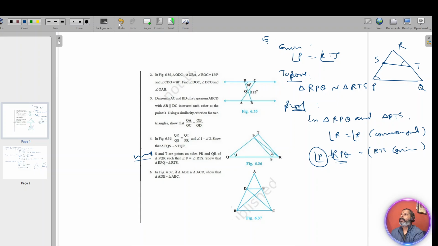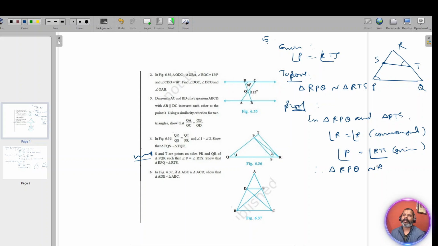Please remember, while writing an angle, you should know when to write three letters, when to write one letter. When there is a confusion, I cannot write just a T angle because T may be RTS or STQ, right? So that's the reason I wrote RTS and P, which is given. Therefore, by AA, they're similar, very simple.